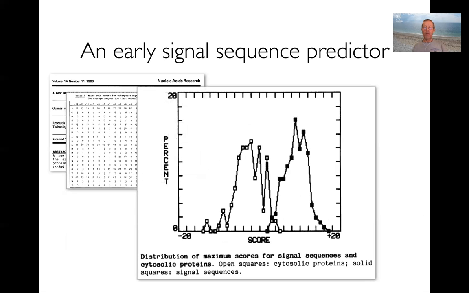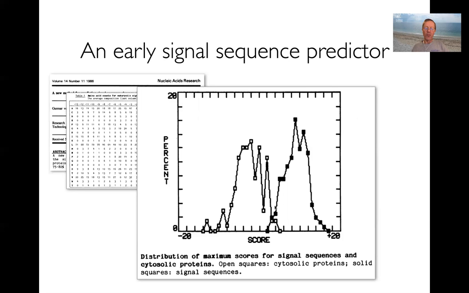So doing that on a collection of known signal peptides, those are in dark, here is the maximum score for each sequence, and a collection of N-terminal ends of proteins which were known not to have signal peptides in them.